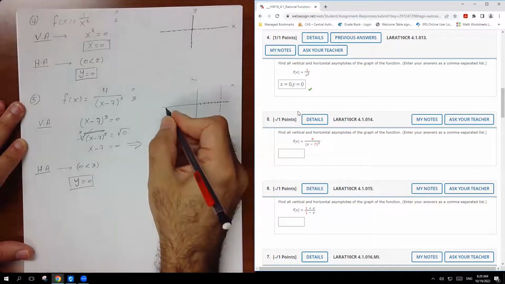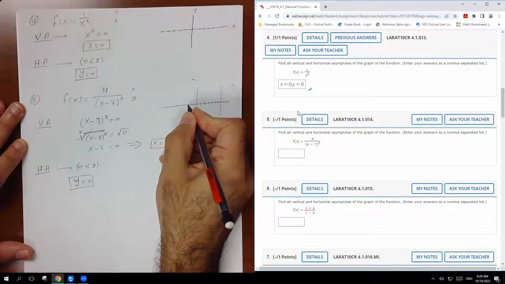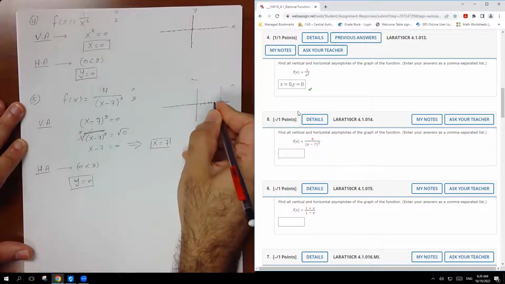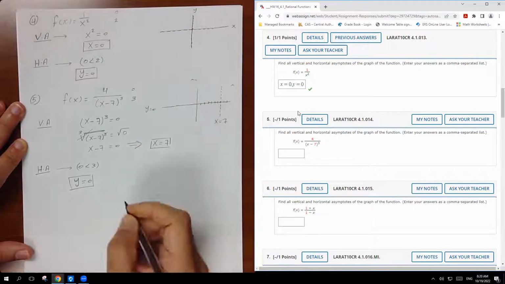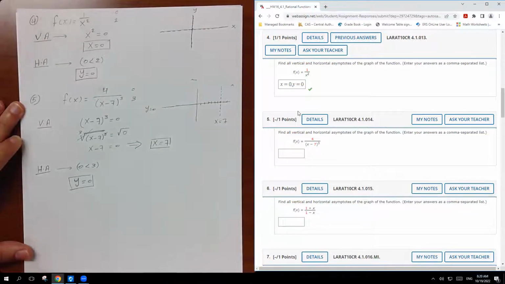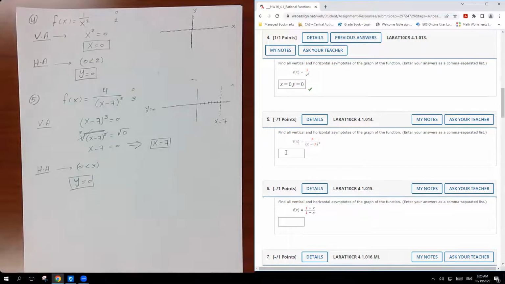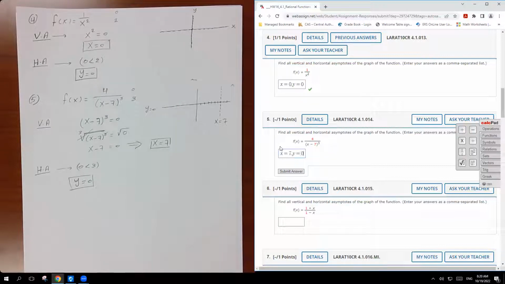So we have a horizontal asymptote here when y equals 0, and here is the vertical asymptote. So we're going to type here x equals 7, comma, y equals 0. That's it for this example.